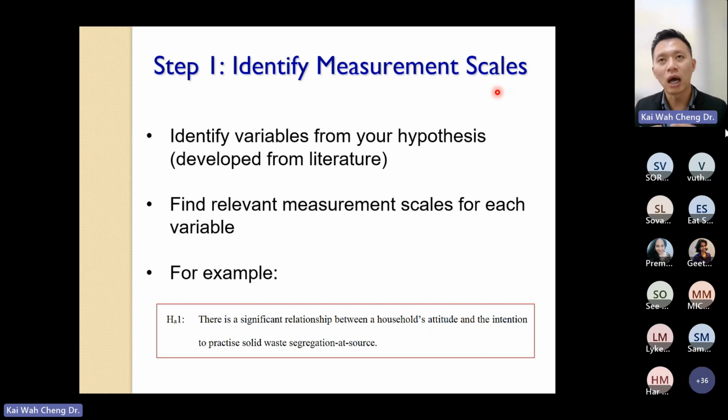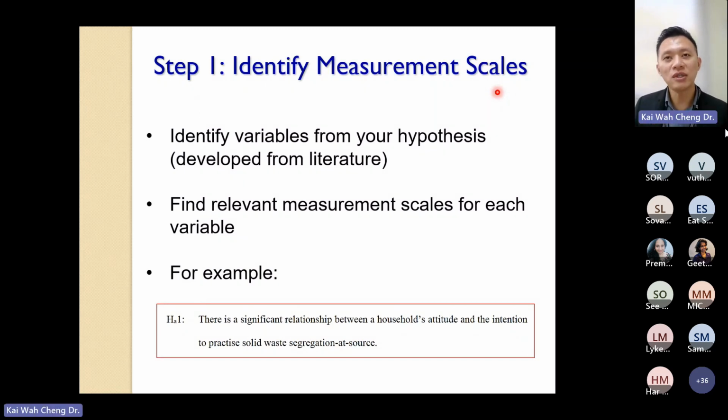These are the two common measurement scales that we use in social science research. Number 1, the 5-point Likert scale. It refers to using number 1 for strongly disagree until number 5 for strongly agree. So this is what we call the 5-point Likert scale.